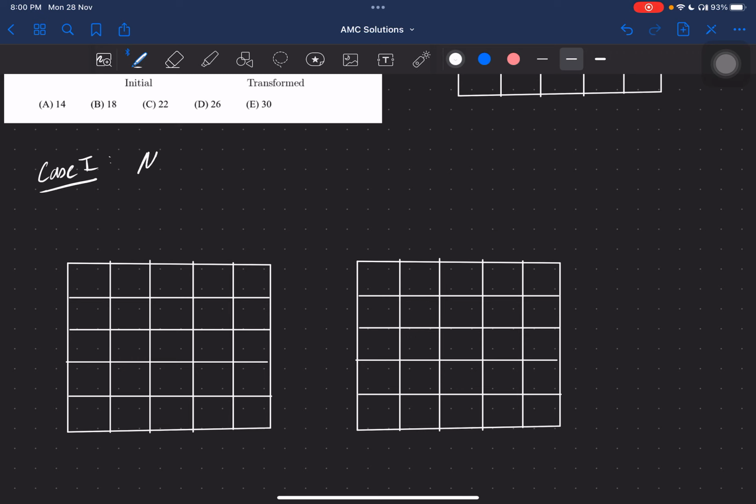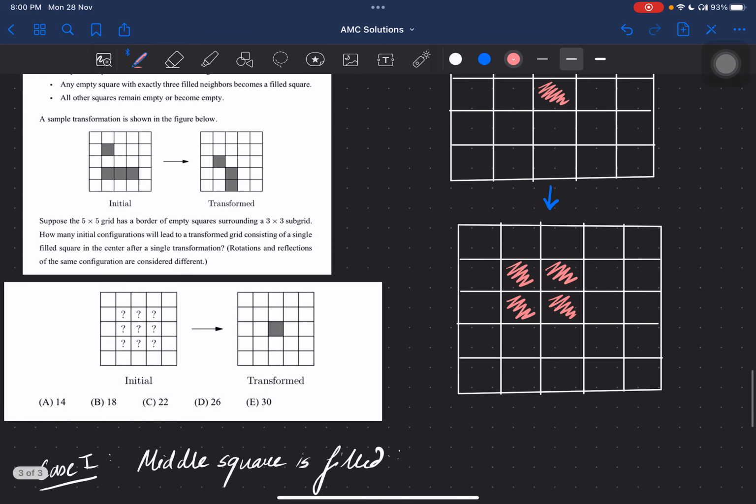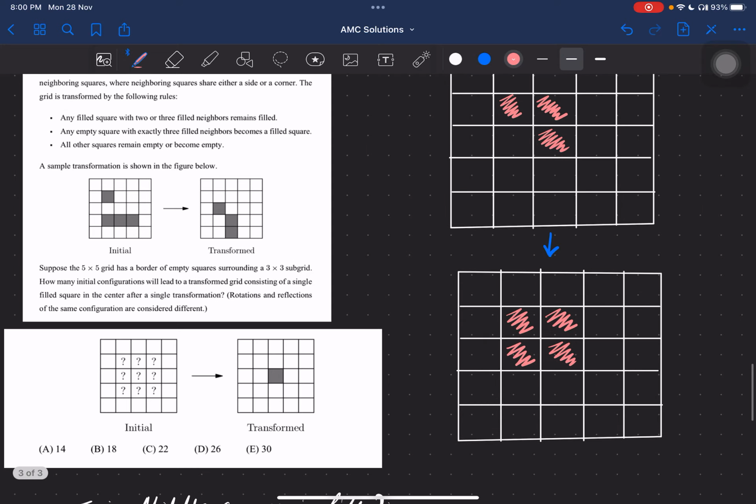So this is the first case. This is filled, and after this transformation, this is also filled. So this can happen. It should have 2 or 3 neighbors that remain filled.